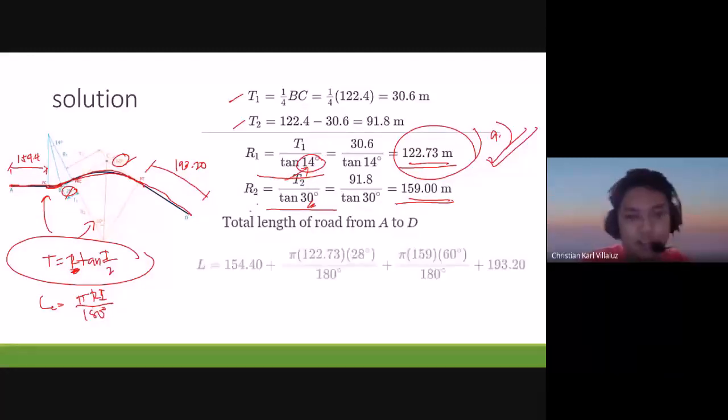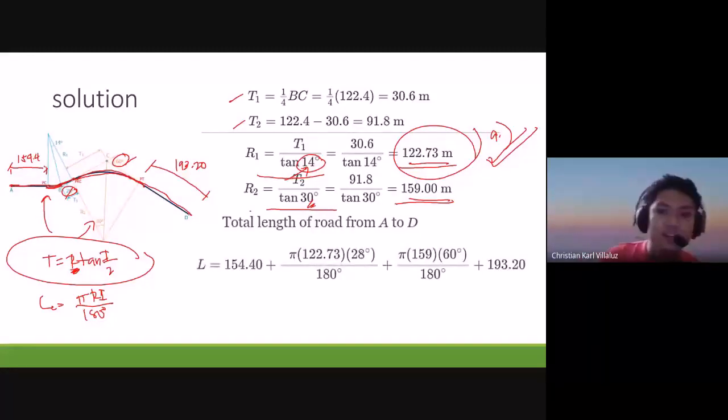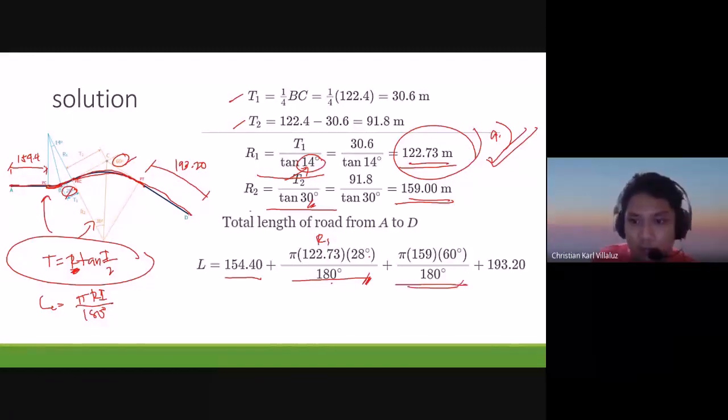To compute that, let us add everything for the total length. We have 154.4 plus pi R I over 180, where I is 28 degrees and R1 is 122.73. For the length of the second curve, this is radius 2, and this is I2, 60 degrees over 180, plus 193.2 meters.